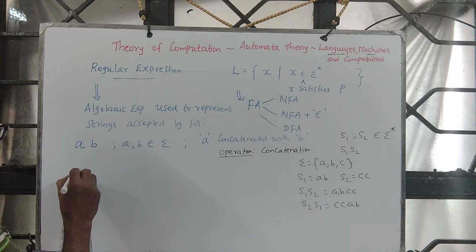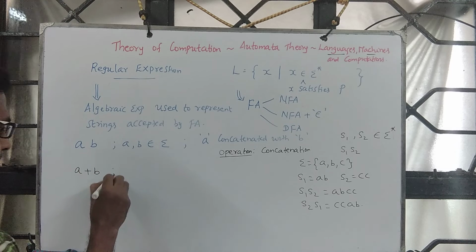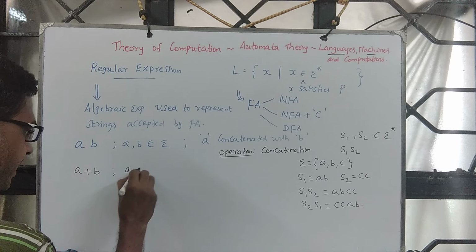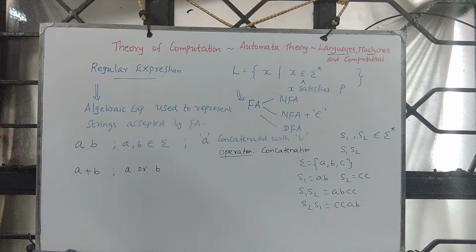One can also talk about something called A plus B. This means A or B. So this talks about the union operation. You have an alphabet A, you have an alphabet B. One can define A plus B, which says A or B. In general, we have two strings, S1 and S2.